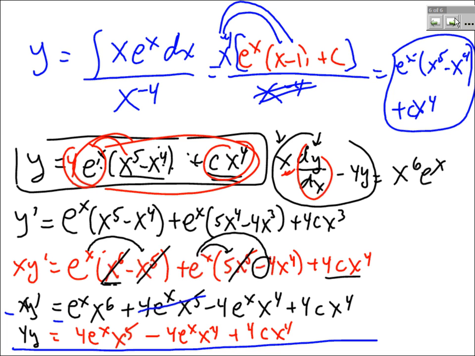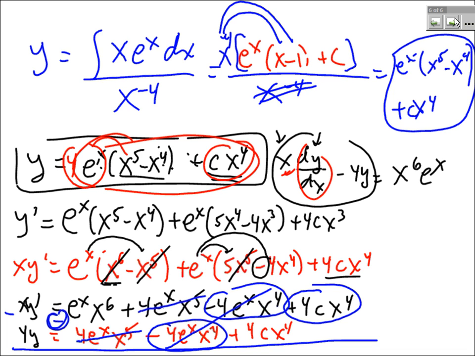4e to the x to the fifth minus 4e to the x to the fifth cancels. Negative 4e to the x to the fourth, negative 4e to the x to the fourth, exactly the same, and I am subtracting, so they cancel.